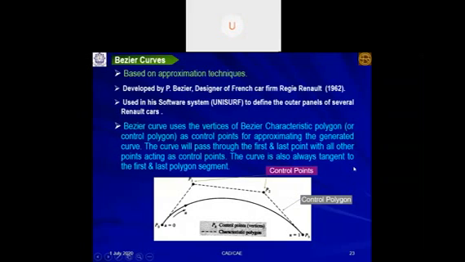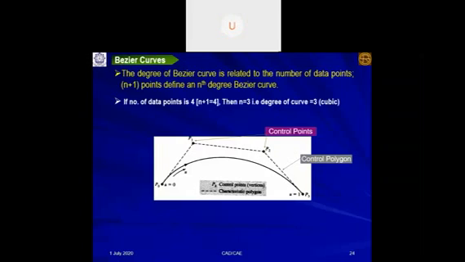Now the degree of this equation, because ultimately it is a polynomial function of u, what will be the highest degree of u? In the case of a cubic spline curve, the highest degree was 3, but in the case of a Bezier curve, the degree of u is related to the number of data points. If n plus 1 data points are there, it will define an nth degree Bezier curve.